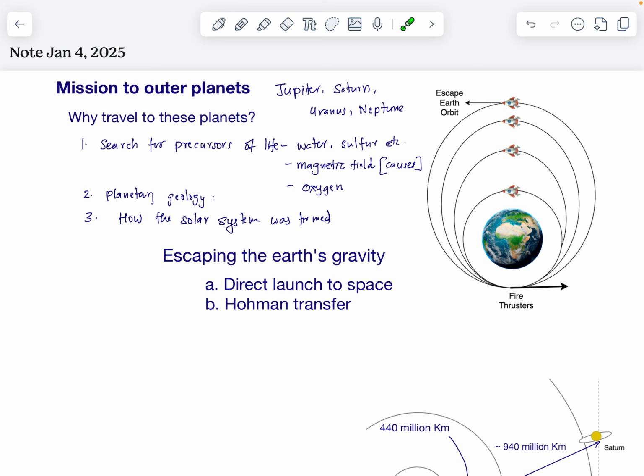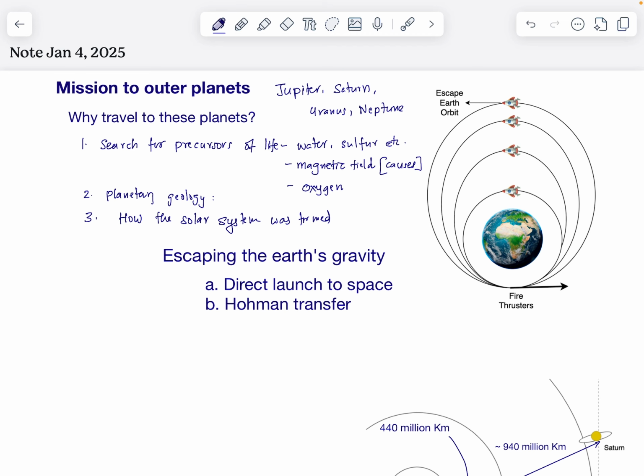That leaves Mars, and Mars is barely habitable, if at all. But people would be interested in knowing what lies beyond. So that's one of the reasons why we would like to explore these outer planets.